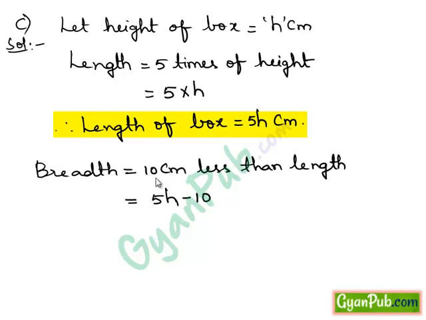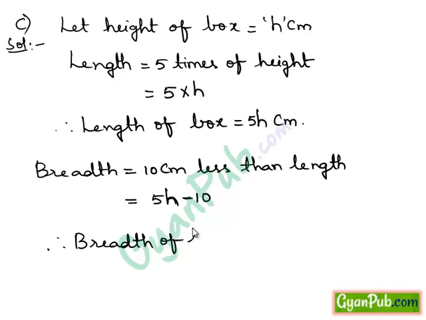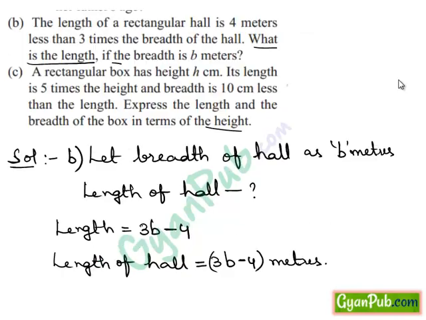Since we know the length is 5h centimeters, the breadth is 5h minus 10. Therefore, the breadth of the rectangular box is 5h minus 10 centimeters. Hence we have expressed the length and breadth in terms of the height.